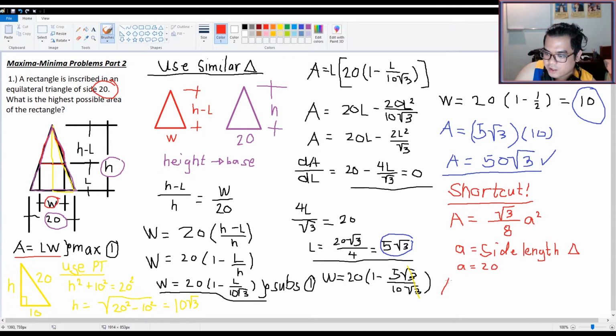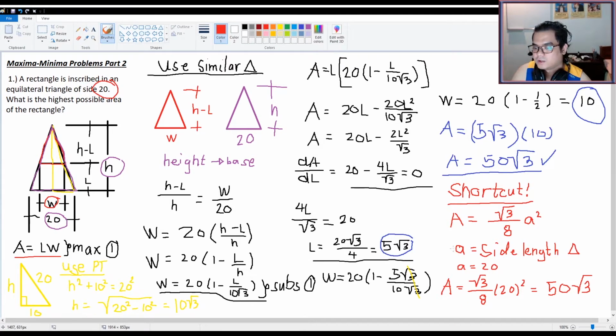Therefore, if you get the area using the shortcut formula, you'll just have square root of 3 over 8 times 20 squared. And if you simplify that using your calculator, you will also arrive at the same answer, which is 50 square root of 3.